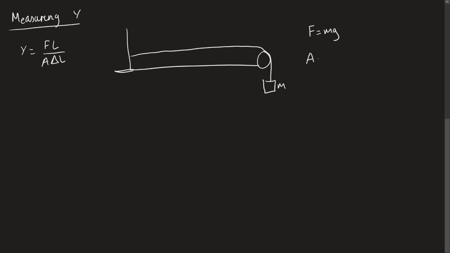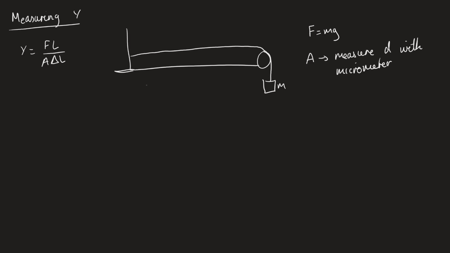So A, measure D with a micrometer, and then calculate your cross-sectional area of a cylinder from the fact that it is a circle. And delta L you're going to measure as you're extending this. So you'll measure the change in length here. Now I'll do this in more detail in a separate video.